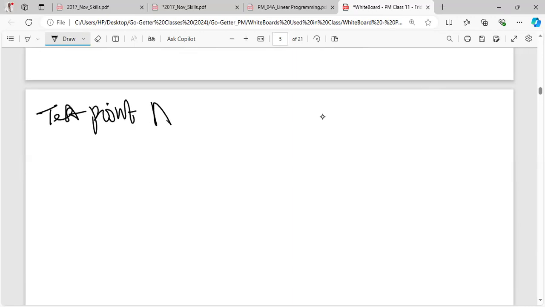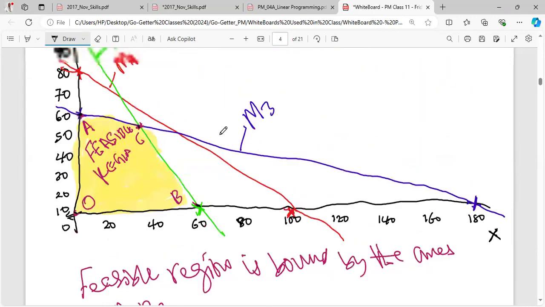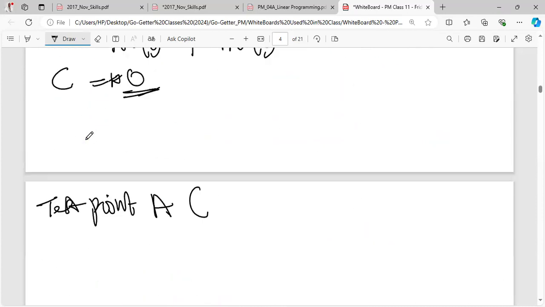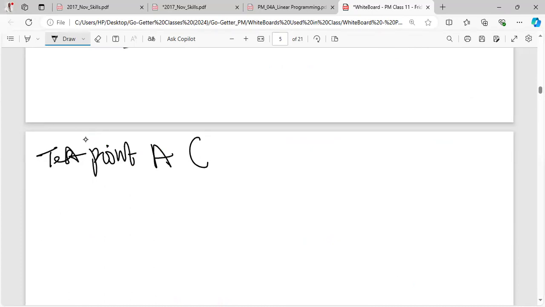point A. Now, what is point A? In point A, x is 0 and y is 60. That's how we represent x and y in the coordinates. You put the x coordinate first, separated by comma, and you put the y coordinate.